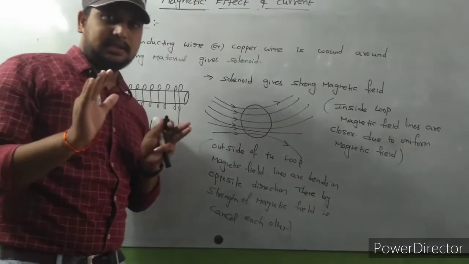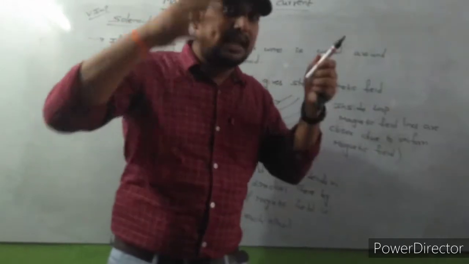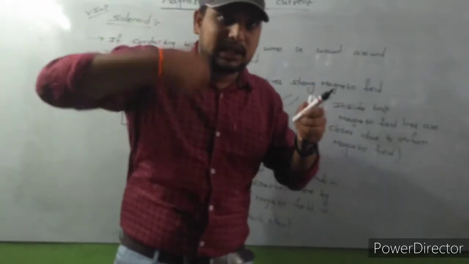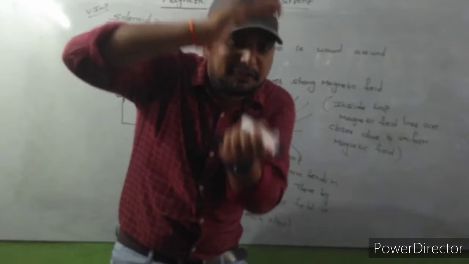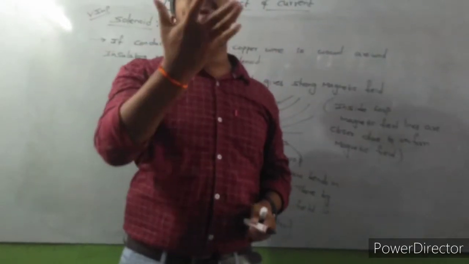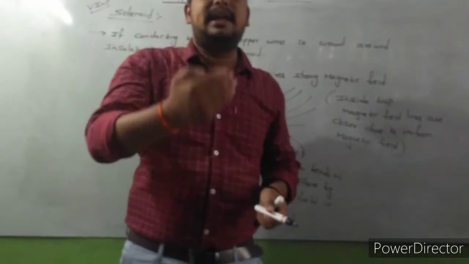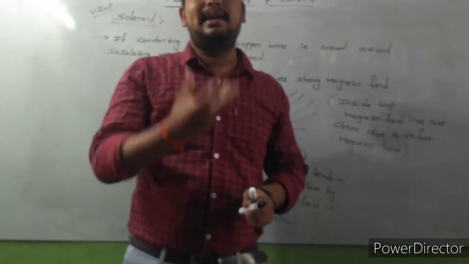Have you got my point? If you place one loop, then due to that circular loop the magnetic field lines are very close. That's why it will produce a strong magnetic field. So whenever magnetic field lines are closer, it will produce a strong magnetic field.